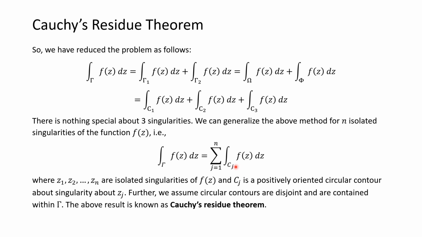And we go about finding alternate contours that comprise gamma, and then we get cancellation, and the problem reduces to taking the contour integral about a series of circles. And this is known as Cauchy's residue theorem. Now we'll go a little bit further in this theorem because we can actually describe how to find this integral, and we'll do that in the following slides.